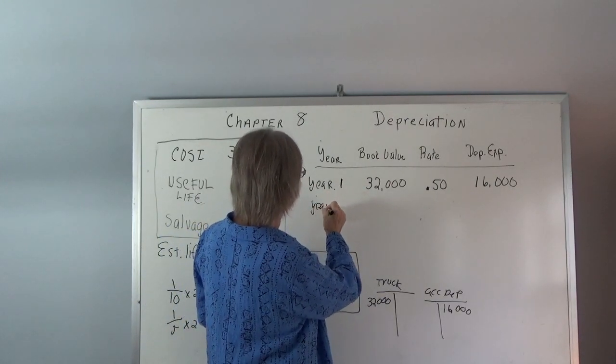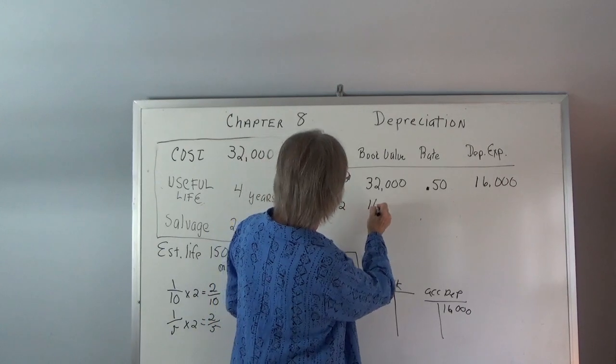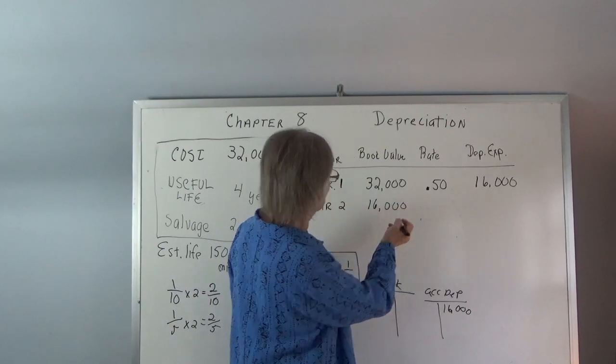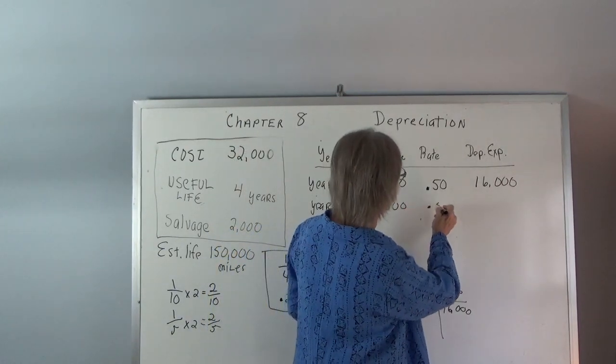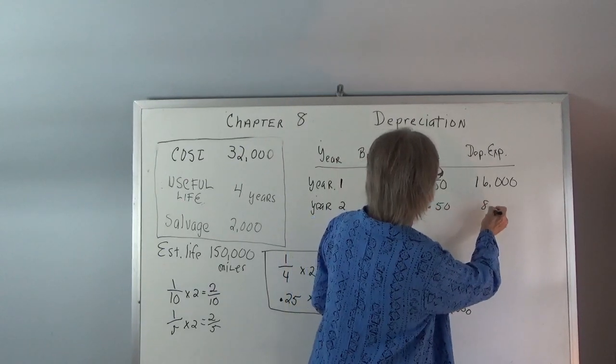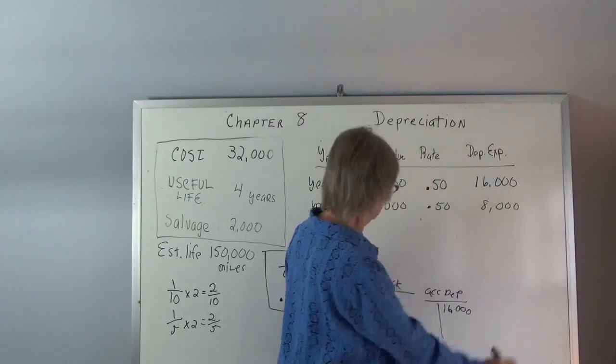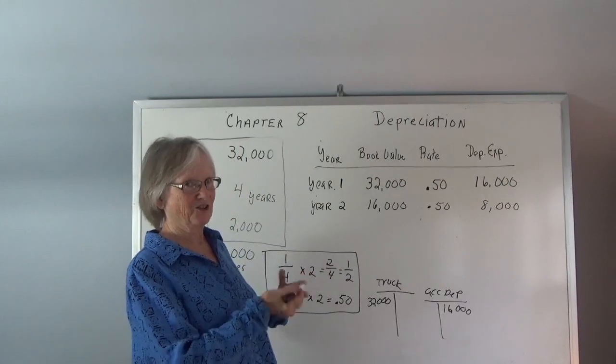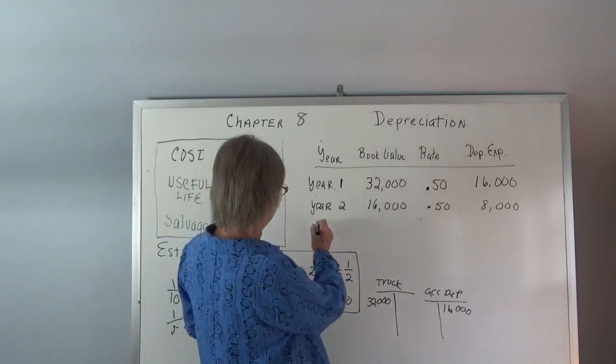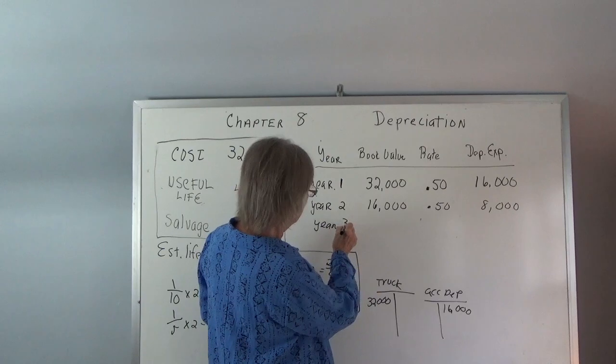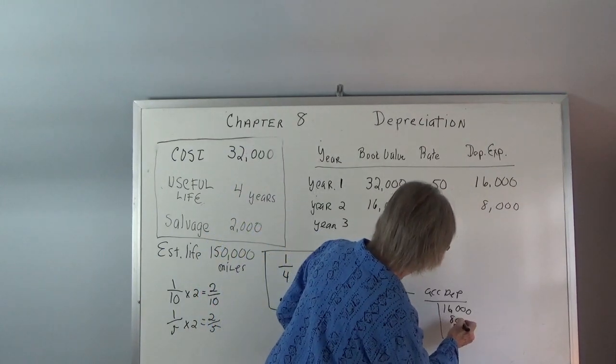Here is year 2. Now our book value starting that year is 16,000. The rate does not change, and so our depreciation expense for year 2 is going to be 8,000. We can kind of see where this is going. Year 3, okay, year 3. Now we've got 8,000 more.